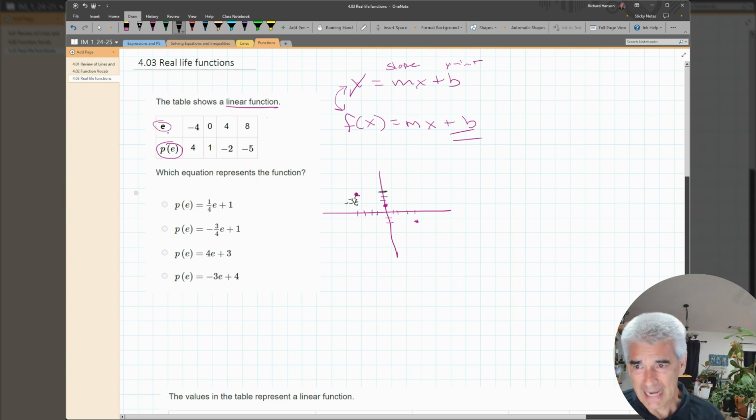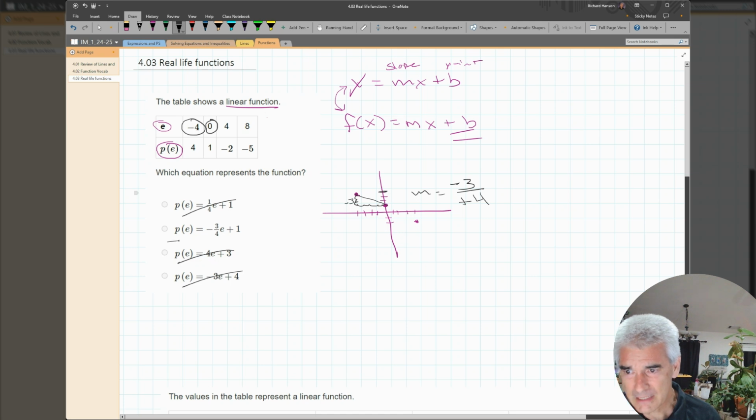And then my x coordinate started at negative 4 and ended at 0, so we went over 4. So the slope of the line is down 3 over 4, so negative 3/4. Looking here, that's not correct, that's not correct. So it looks like that's the correct answer.